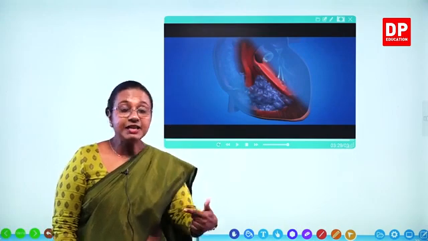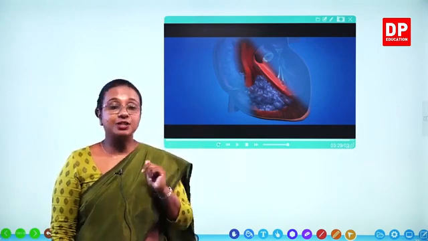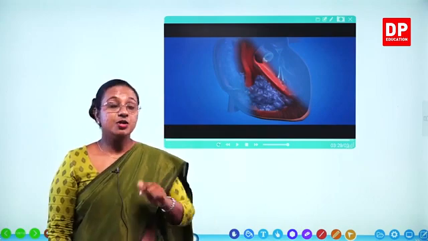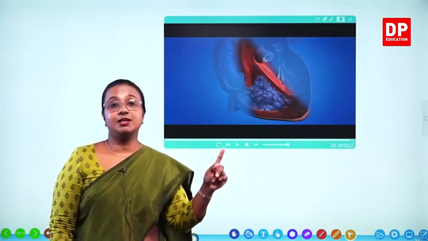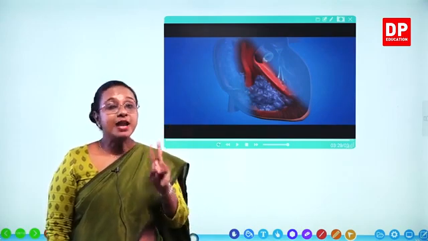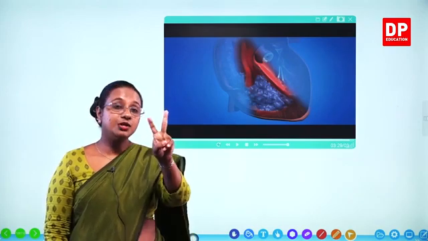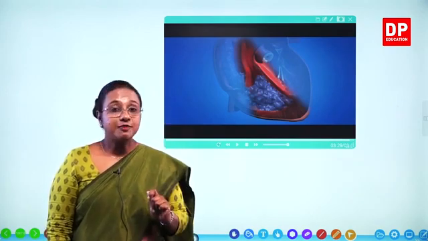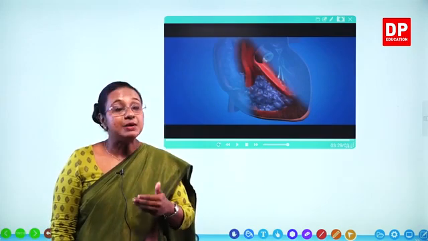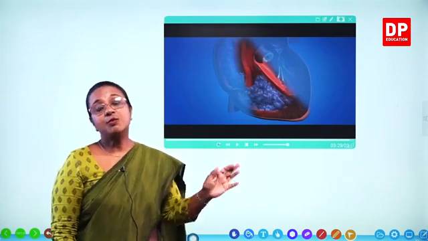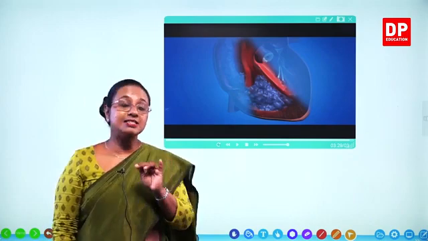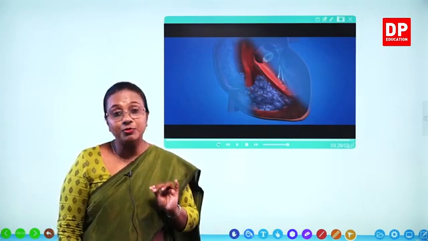And then again from the organs it came back to the right atrium. So, in that full circulation, the blood passed through the heart 2 times. So, therefore, we call it a double circulation. Now, we will try to understand this double circulation in more detail.